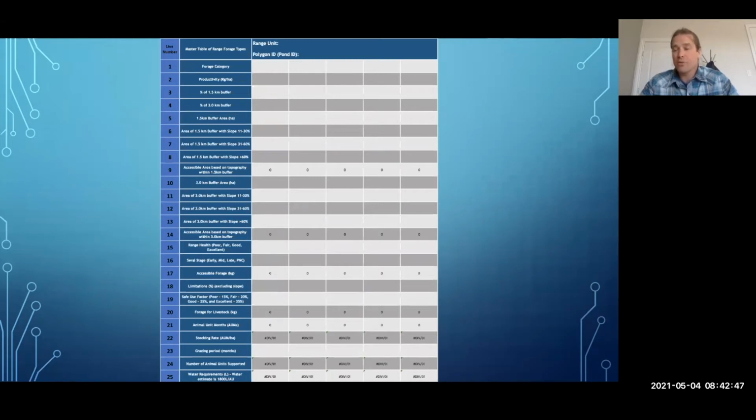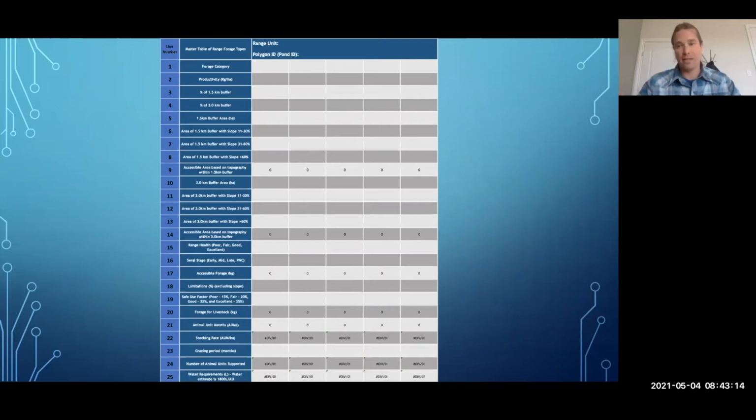It includes a safe use factor. And then at the end, it provides a water requirement: how much water is required based on how much forage is available, if we were to stock that specific polygon, to service that number of livestock.